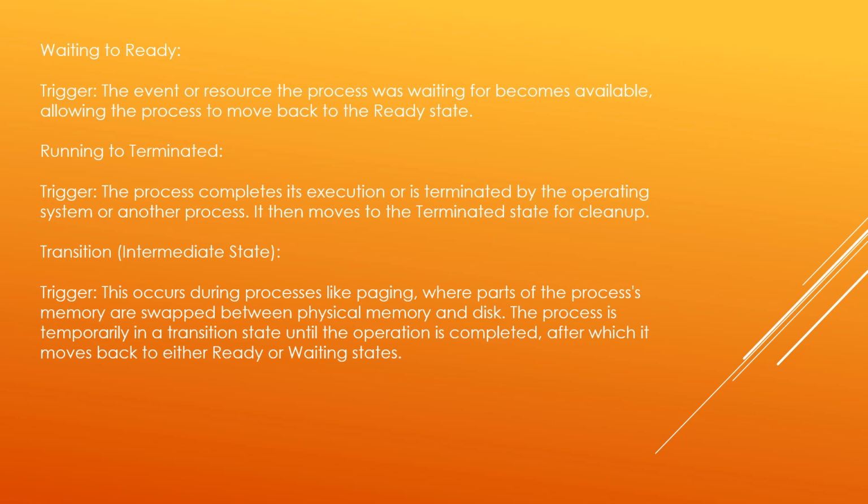Transition: this occurs during processes like paging, where parts of the process's memory are swapped between physical memory and disk. The process is temporarily in a transition state until the operation is completed, after which it moves back to either the ready or waiting state.